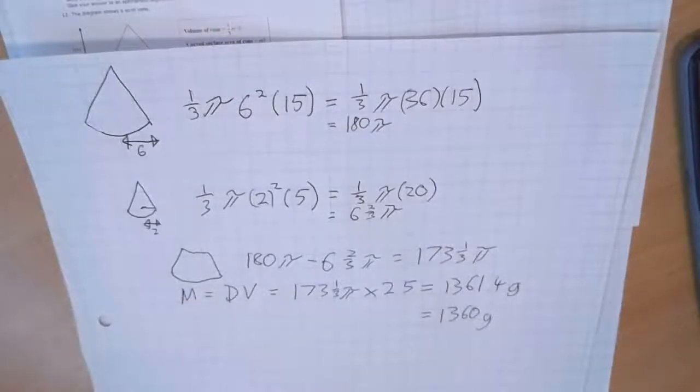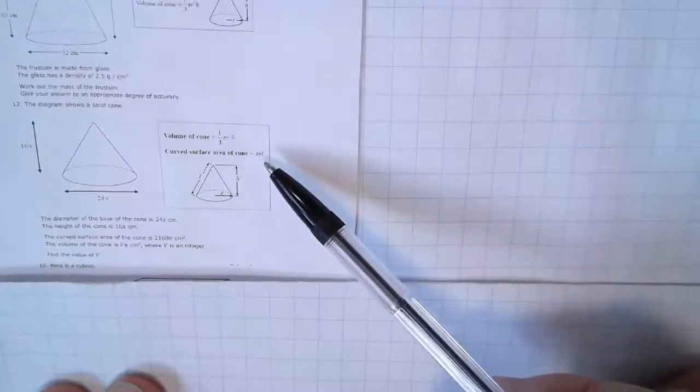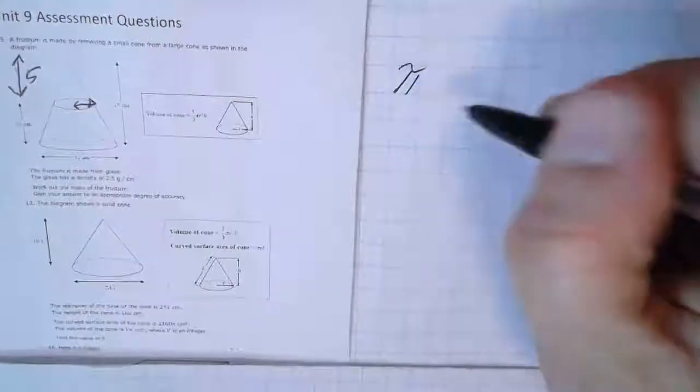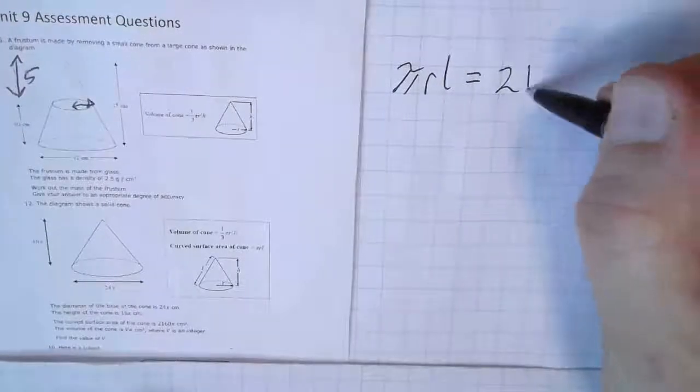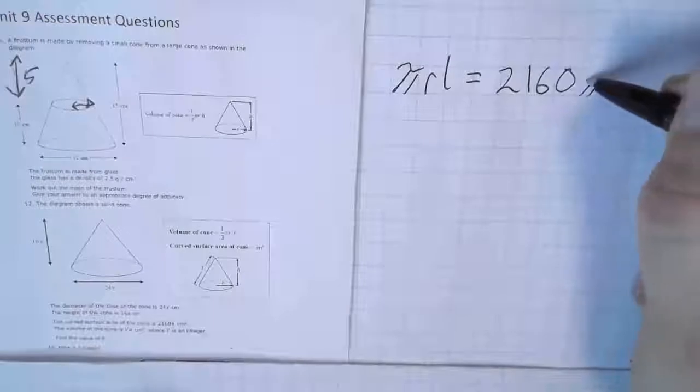Right, this question is all about setting the situation up. I've got diameter 24x, height 16x, and the curved surface area of the cone is 2160 pi. Now I know the curved surface area, I'm given it here, is pi RL. So pi RL is equal to 2160 pi.